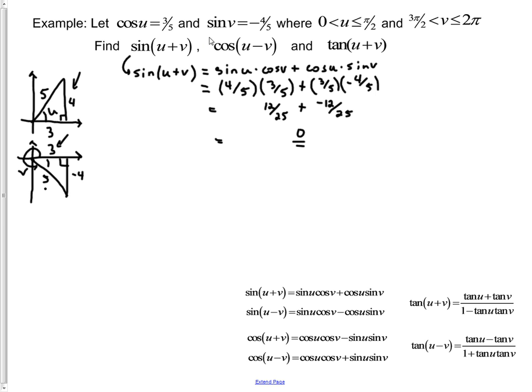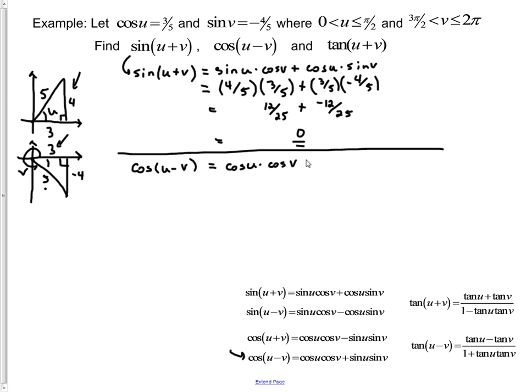What about the cosine of u minus v? Well, we're going to go down to our bottom formula and check that one out. The cosine of the quantity u minus v is the cosine of u times the cosine of v, added to, we change the sign here, the sine of the angle u times the sine of the angle v.